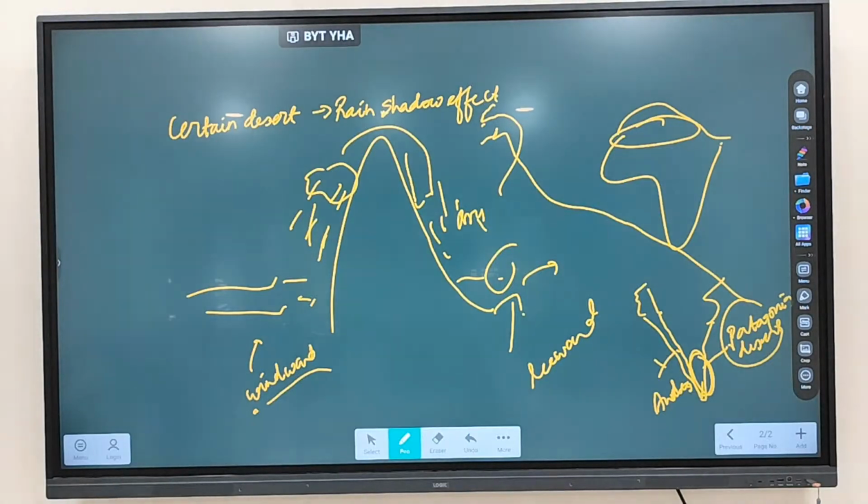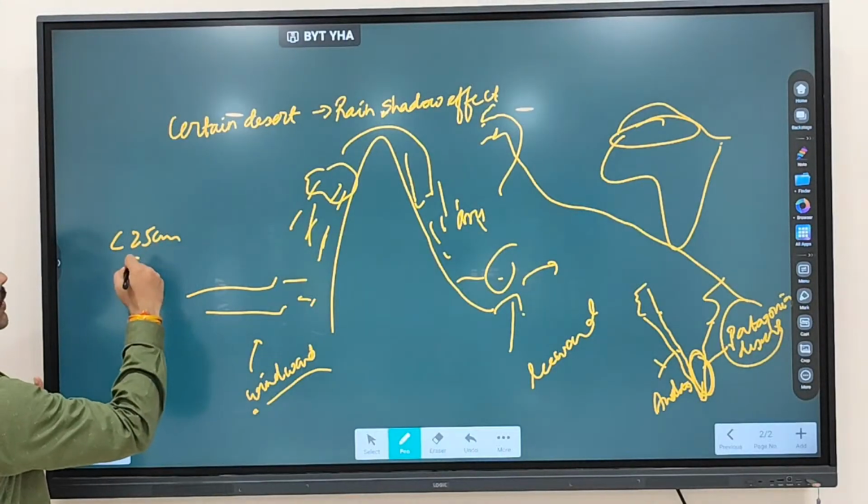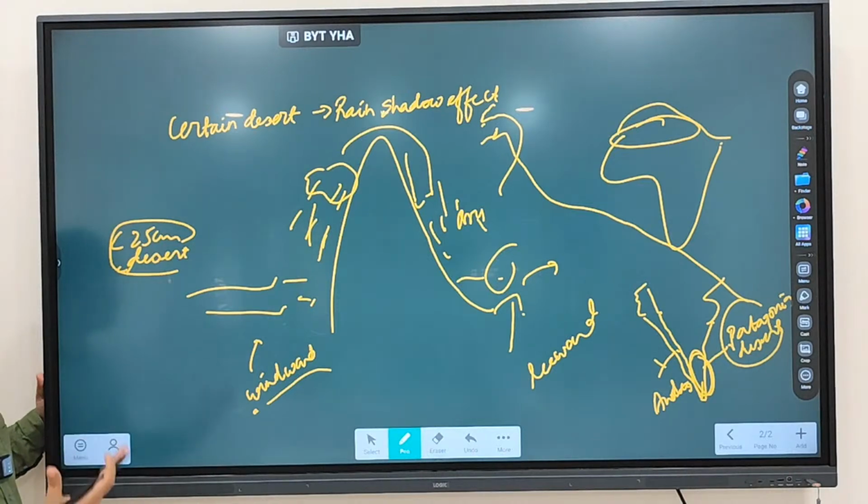We are saying rainfall is less than 25 centimeters in the desert region. So some very little amount of rain you are going to see. Why does this rain happen?